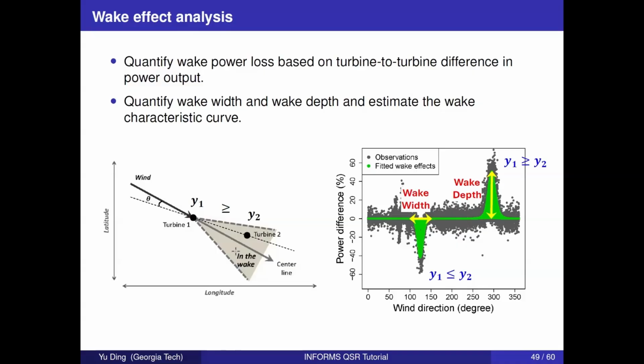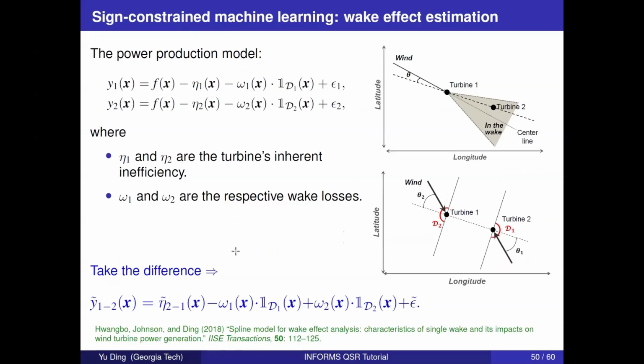If you are right on the line of the wake effect, you're going to have a pretty significant wake depth, and the wake width is related to how wide the cone is going to be. Okay, so we want to use the data-driven method to estimate these wake characteristics and also estimate the overall wake loss relative to the AEP, right?